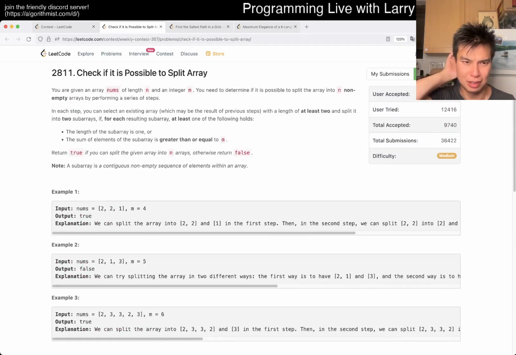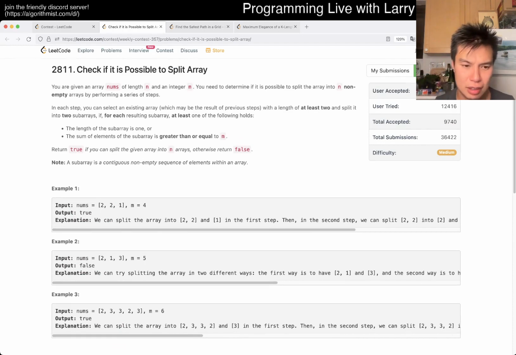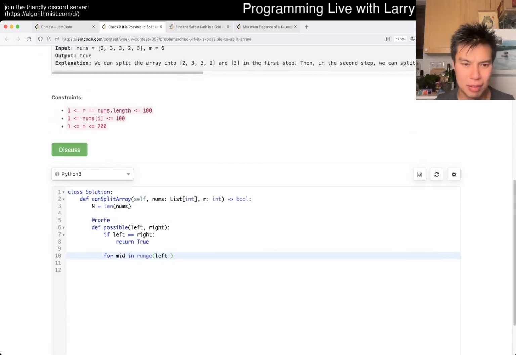Does that make sense? Oh yeah, it's fine. It's a little bit awkward, but fine. Left, right. It goes from left to mid, inclusive maybe. Possible left to mid, inclusive, and possible mid plus 1 to right.